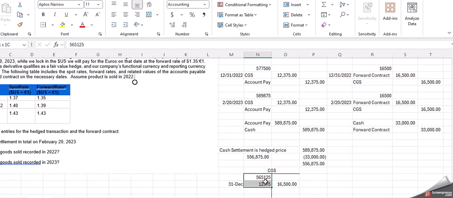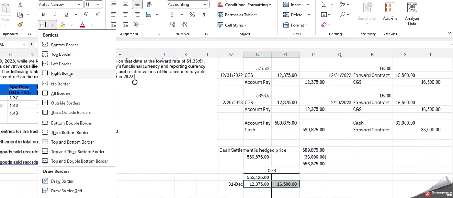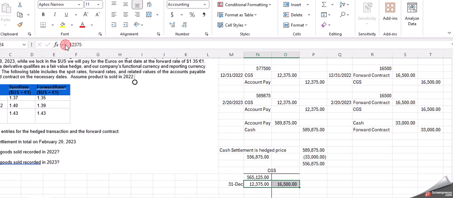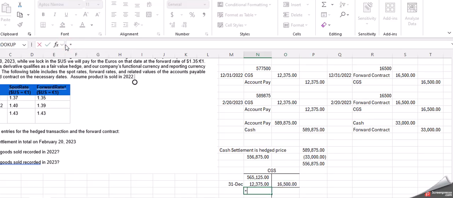Let me make these also in dollars and cents. Okay, then we'll come over and say, all right, now this is the end of the year, the end of 2022. What do I have? I have what I charged off to cost of goods sold when I sold the product. I have the adjustment in the accounts payable at year end offset by my forward contract.